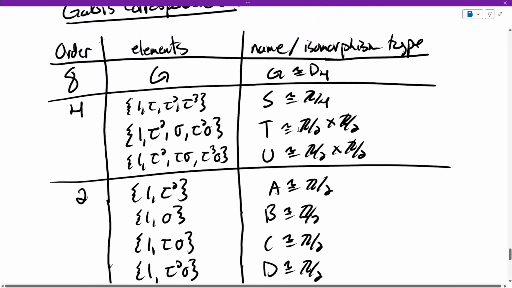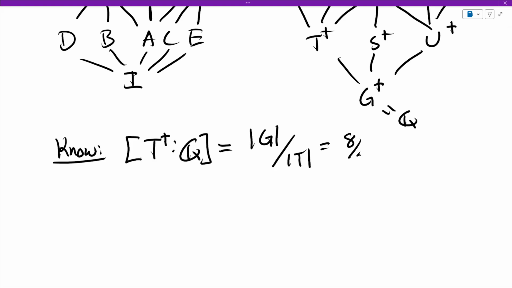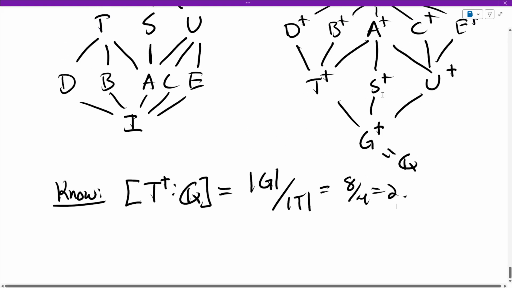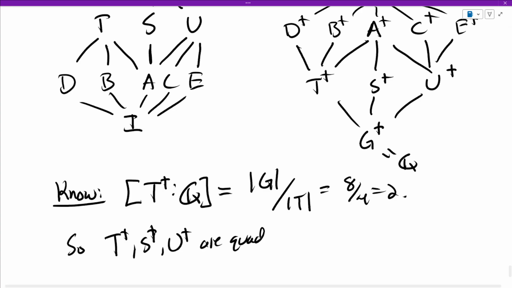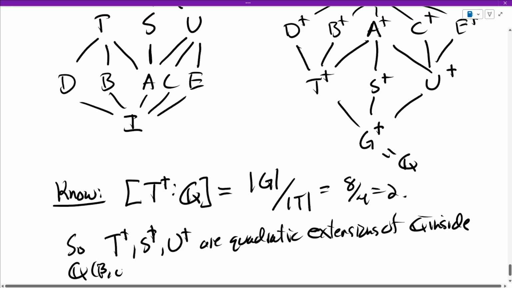T was in the order 4 category, and G is order 8. So these guys in the middle here are quadratic extensions of Q that live inside Q adjoin beta I.